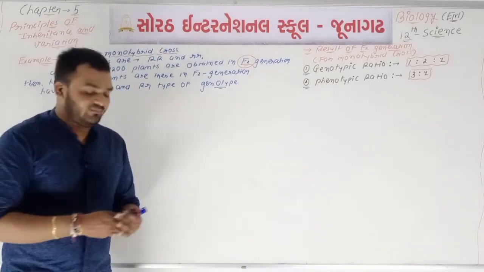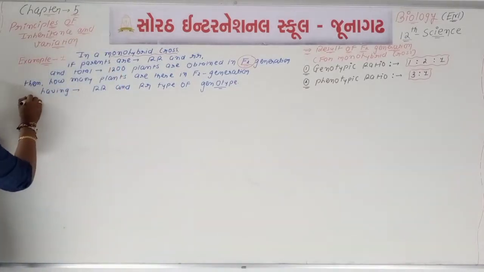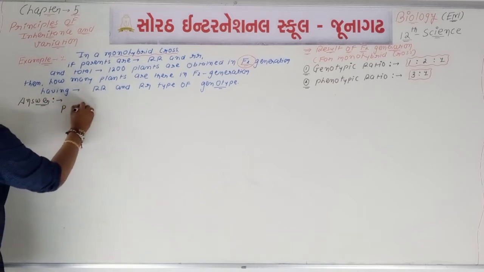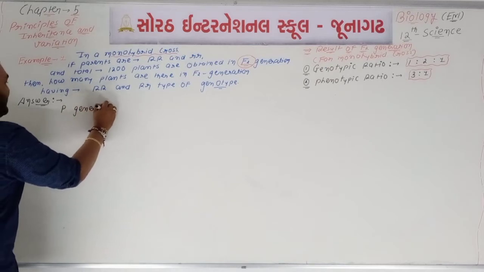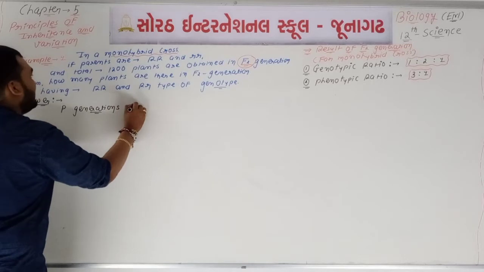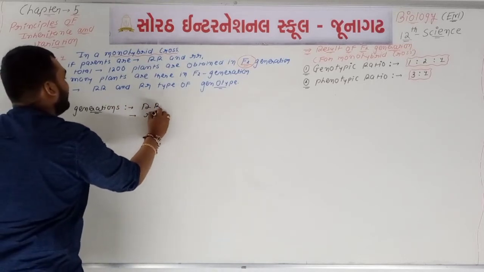So if we write the answer of this type of question, the P generation, the parents, are given. The P generation will be capital R and small r.